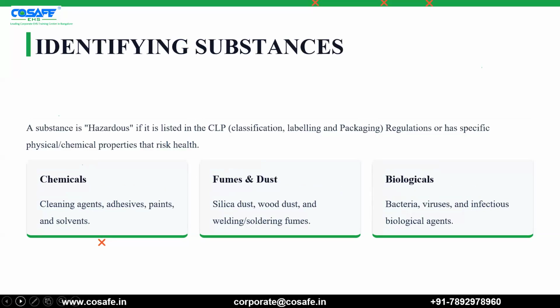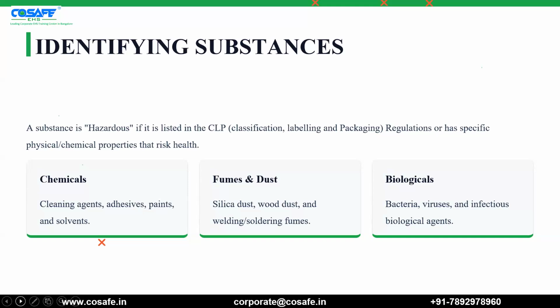Identifying substances. The main thing is you have to know what substance is present at your site. If you don't know about the substance you are using on your site, see, if I tell you to prepare a meal for me and you don't know the ingredients, you can't do it properly.